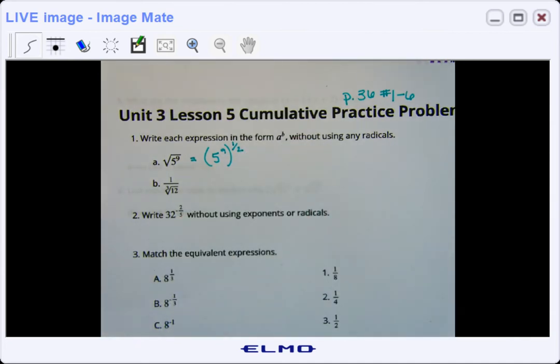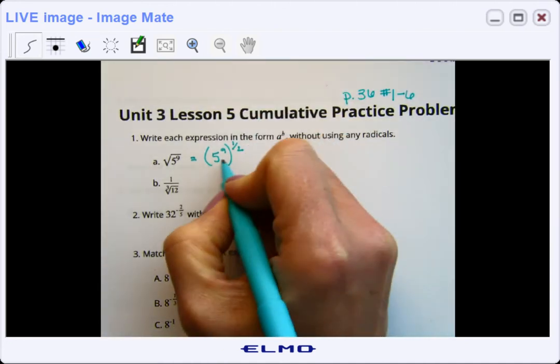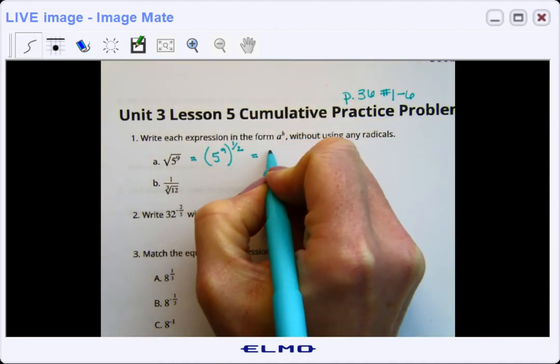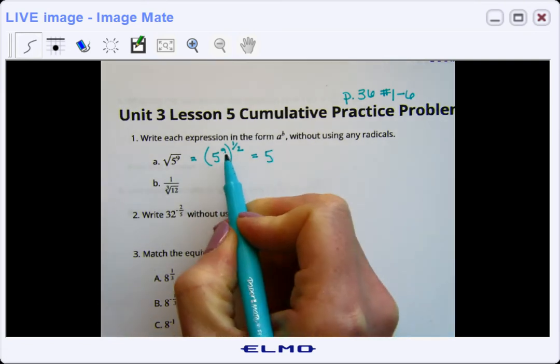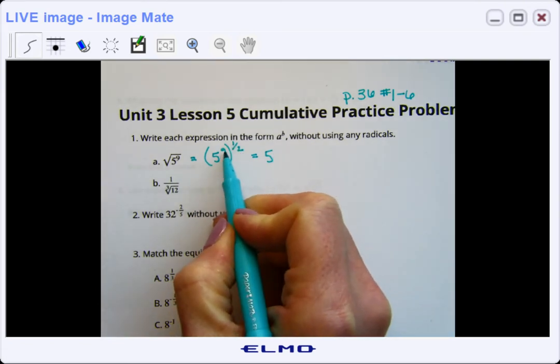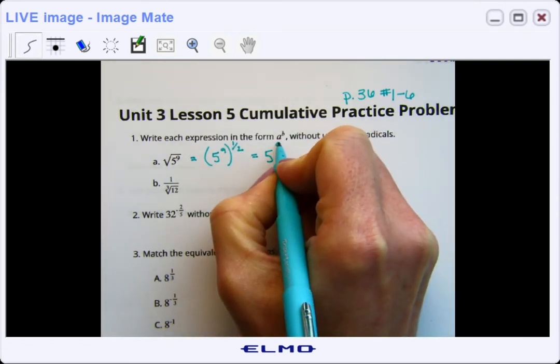We're almost there. Now I need to simplify by raising that power to a power, so multiplying the exponents. The base is still 5, and then 9 times 1/2. So 5 to the 9/2.